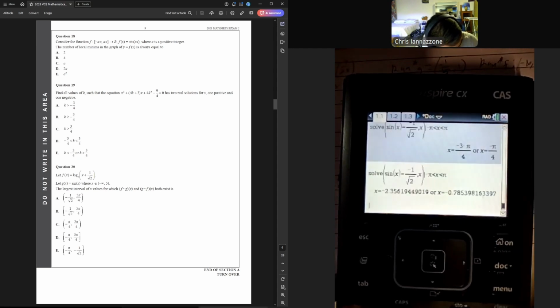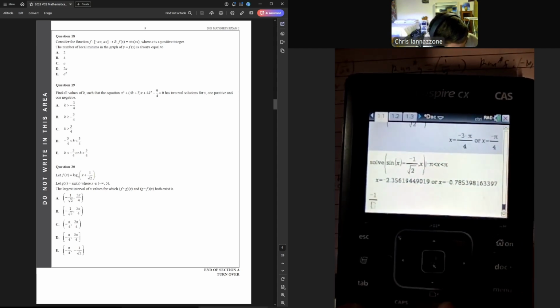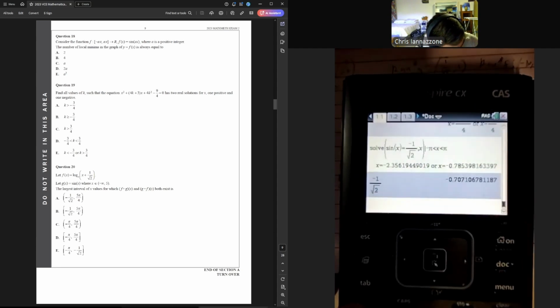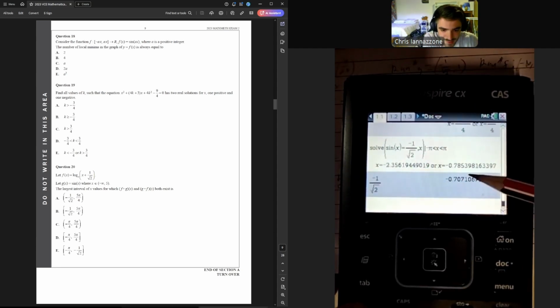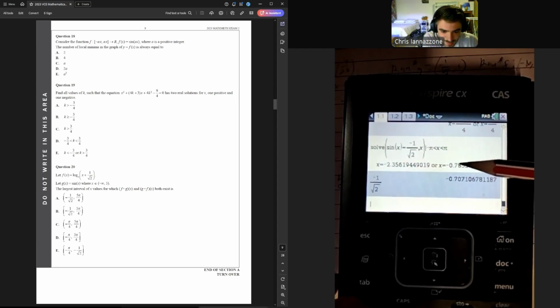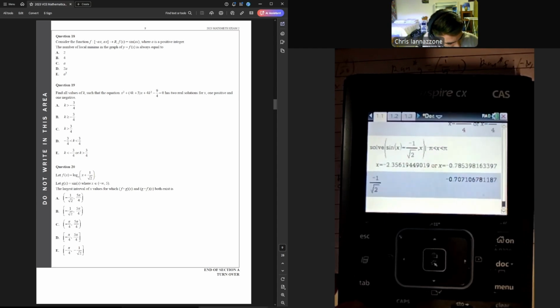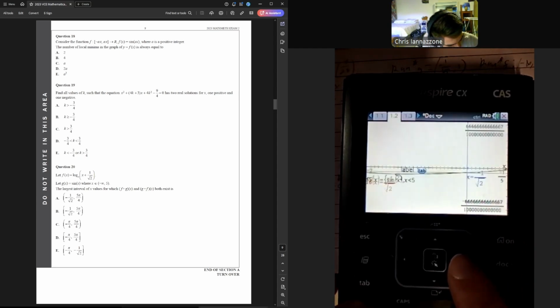So if you control enter on that, and if you control enter on -1 on root 2, you're going to get a surprisingly close estimate here. This number is indeed smaller than this number, hence, well, I mean smaller in magnitude, it's closer to the origin. So this one is slightly right of this one when you look at the graph here.